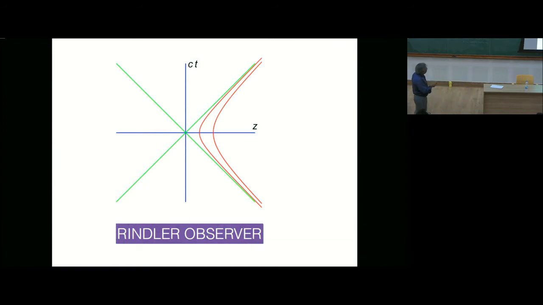The coordinate transformation from Minkowski space to the Rindler frame is very much like the coordinate transformation from Cartesian coordinates to polar coordinates, except that everything is hyperbolic instead of being trigonometric. So what I imagine is that this guy has X, Y, Z, T of his own, which I'll denote by capital letters. In his frame, he does a double slit experiment. So the double slit is at rest in his frame.